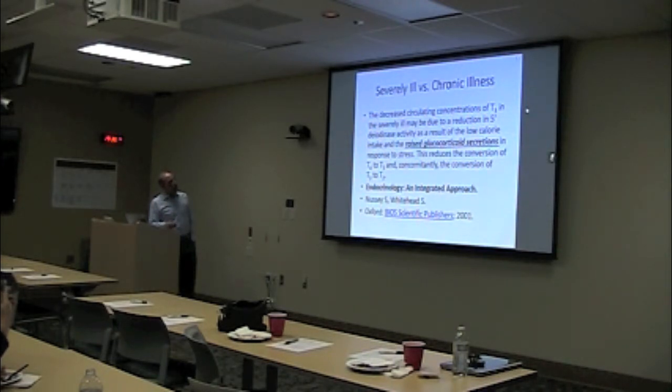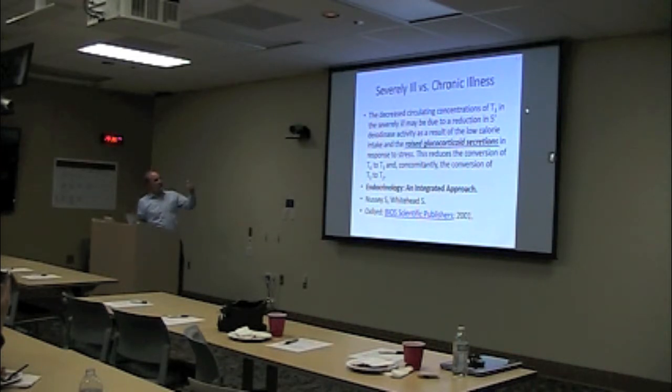The cortisol goes through the roof. People get stressed, their immune system goes down, they get sick. So, again, this is a chronic illness versus a severe illness. This reduces the conversion of T4 into T3 and concomitantly T3 to T2. So these people have fine T4s, but they're not good converters. And remember, T3 is the active hormone. You've got to have T3.